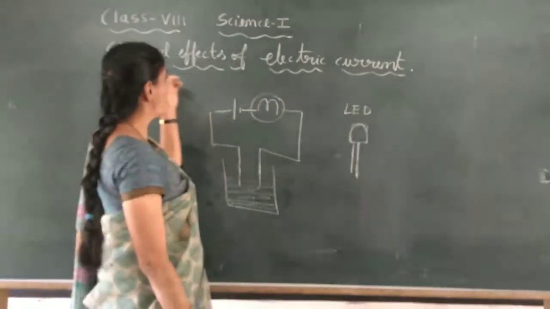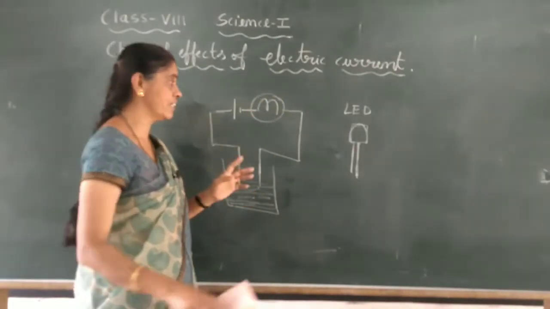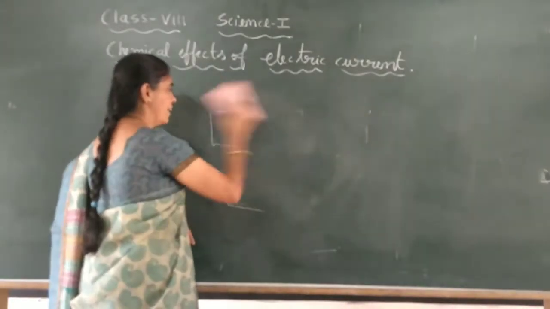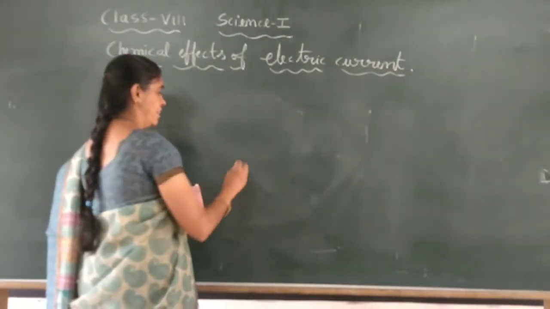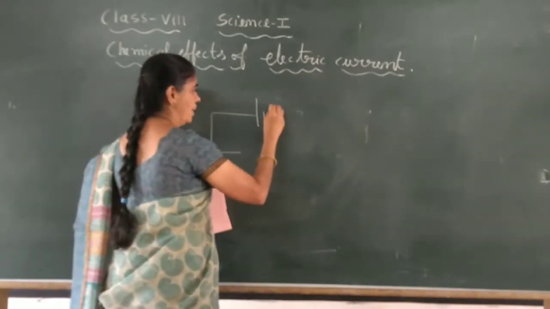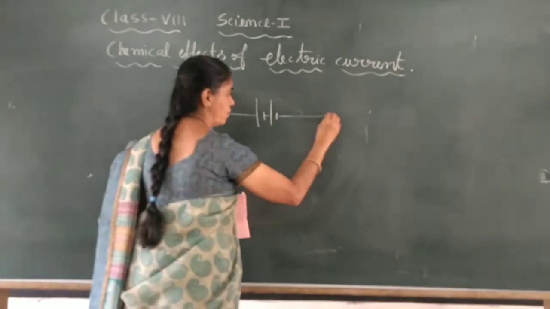Now why is it called the chemical effect of electric current? The reason is, when you take the circuit, take the wire, connect it to a cell or battery. I have taken a battery in the experiment.